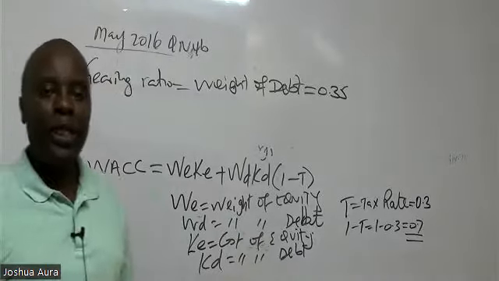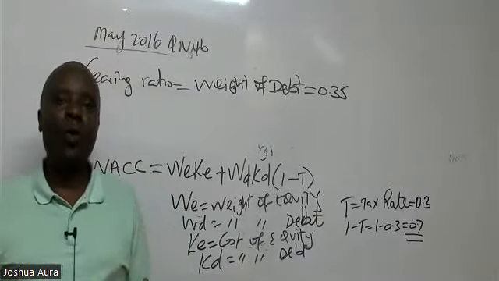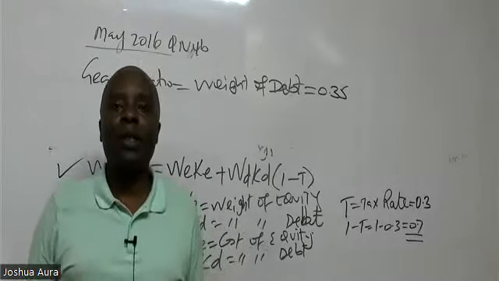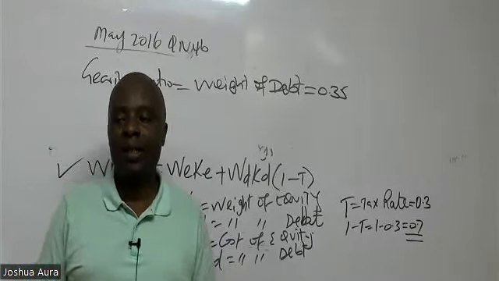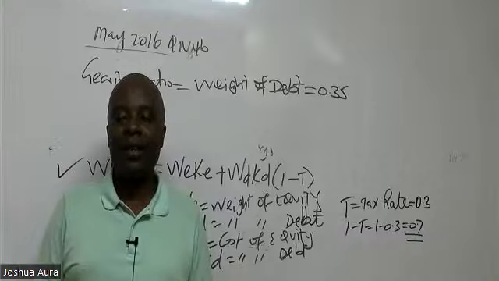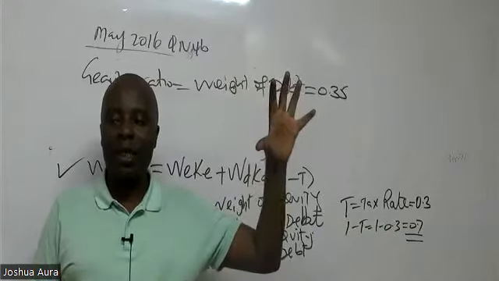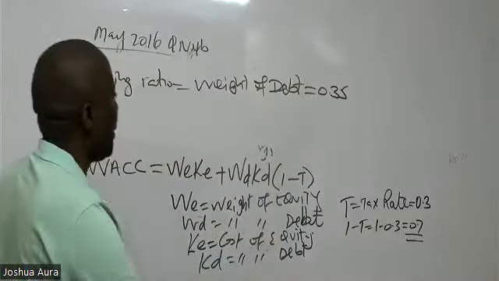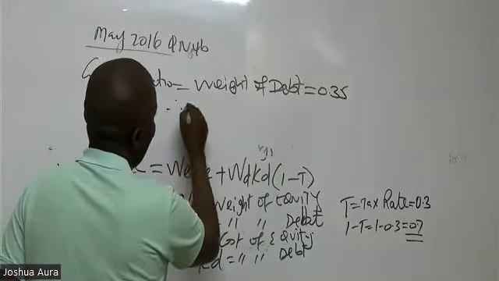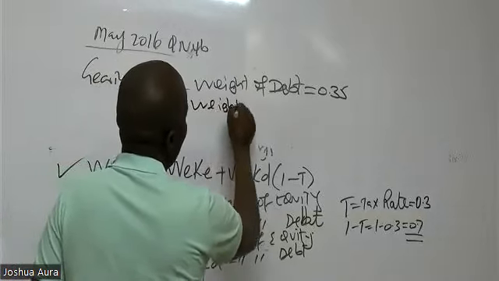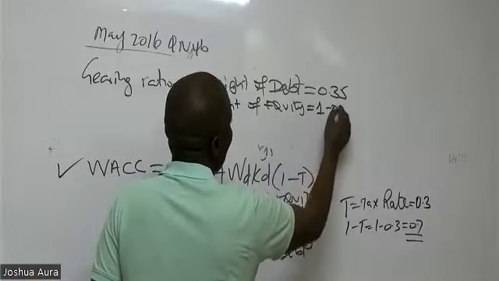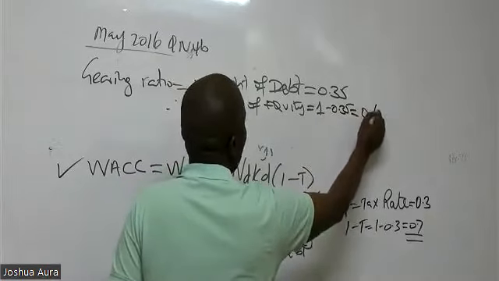So if the weight of debt is 0.35, what do you think will be the value of the weight of equity? Hey, please wake up. Look at me nicely, right? If the weight of debt is 0.35, then the weight of equity will be 1 minus 0.35, which is 0.65.